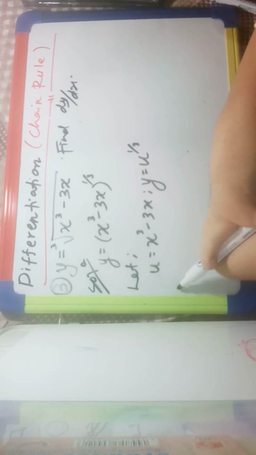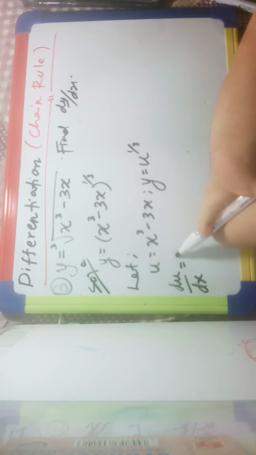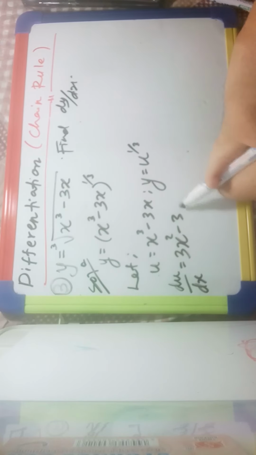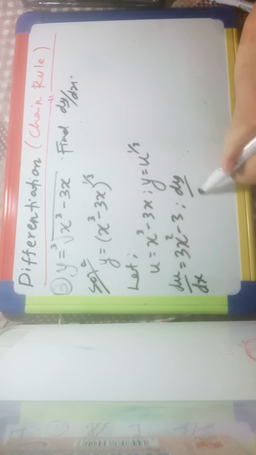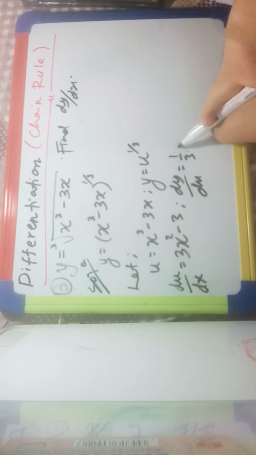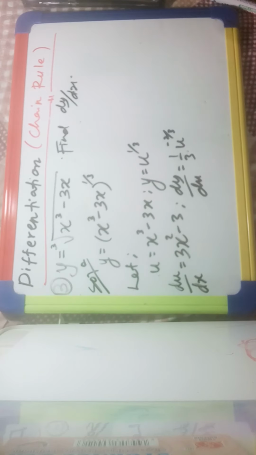Differentiate each of them. Du over dx is equal to 3x square minus 3. How about this? Dy over du is equal to, power go down, power minus 1, 1 over 3 u, 1 over 3 minus 1, you get negative 2 over 3.